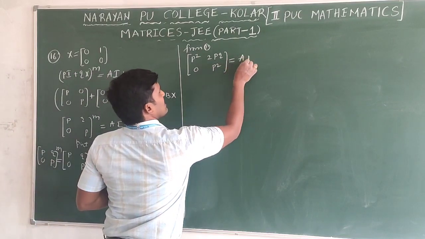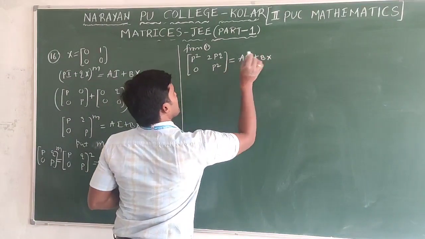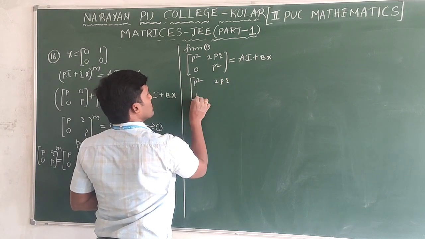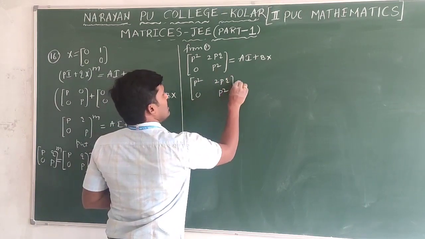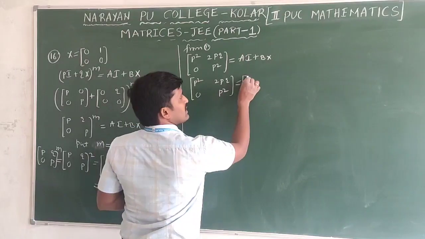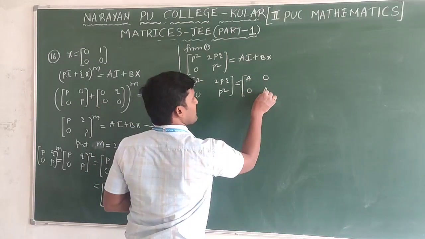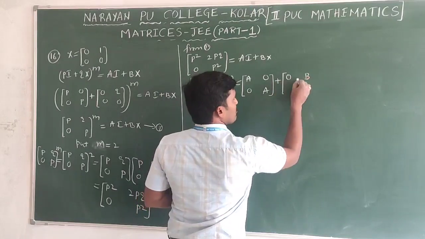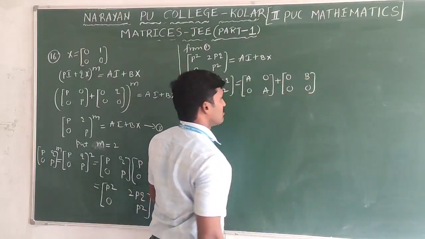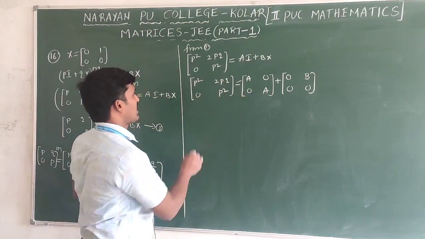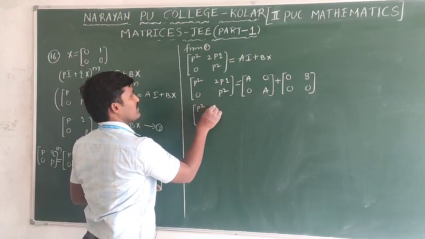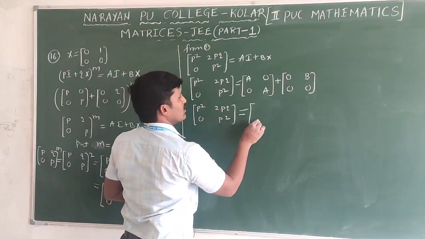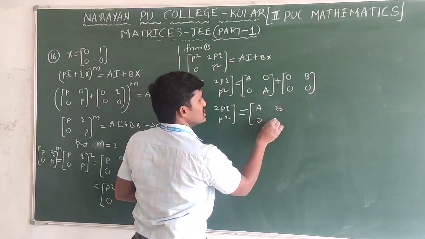A I plus B X. Now A into identity matrix, what will we get? Capital A 0 0 capital A. B into X, what will we get? 0 B 0 0. By adding, you will get a single matrix. Later I can compare: P square, 2 P Q, 0, P square equal to A, B, 0, A.